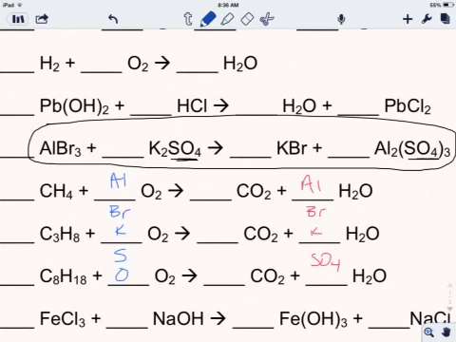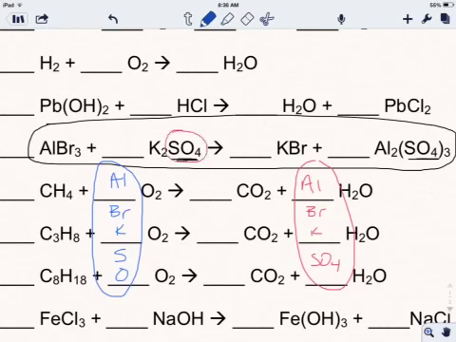Now, in the blue here, what I wrote down is the traditional way that we've been doing, which still works, by separating all of the elements that are in our reaction. On the right-hand side, I have written in red the new way to do this. And what you'll see when we start to do our double replacement reactions on Wednesday and Friday is that this makes these problems much easier.